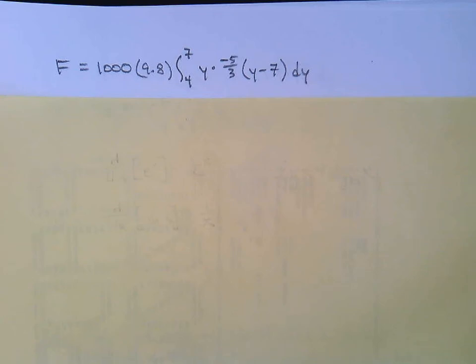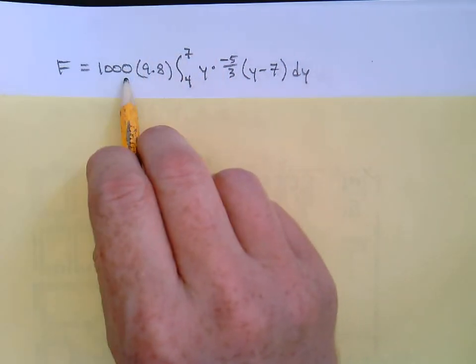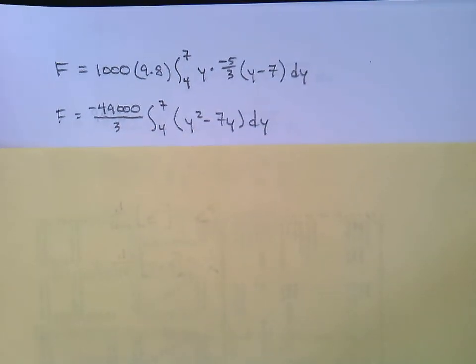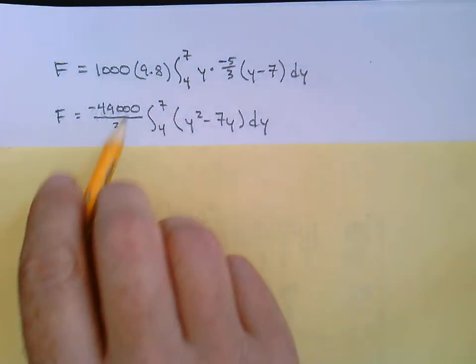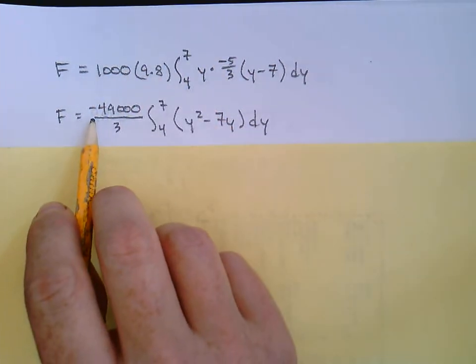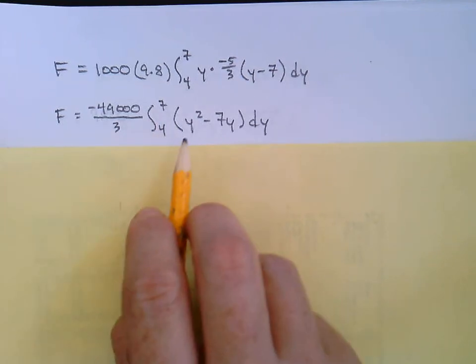This one's not going to be bad at all, right? We can multiply these numbers. We can even pull out the negative 5/3, and we'll see this. Those two numbers together and the negative 5/3 would give me negative 49,000 over 3. Integral from 4 to 7. And what do we do?